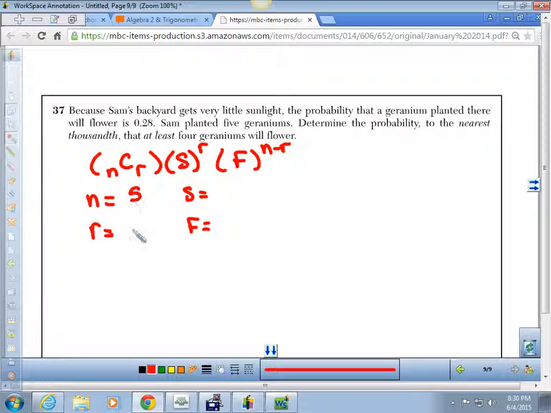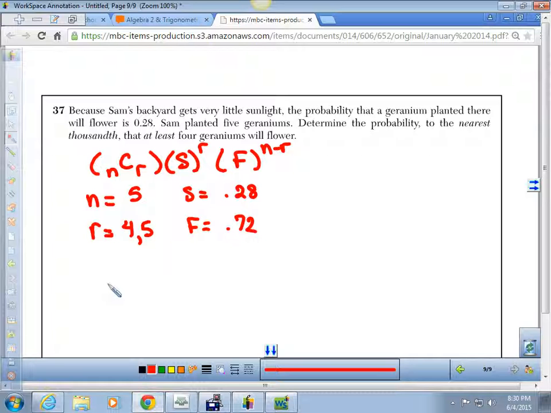5. We want at least, so that means 4 down to 0 or 4 up to 5? 4 up to 5. What is the probability that it will flower? 0.28. So what is the probability that it will not flower? 0.72. Now do you have a strong point? Yes. Okay, your other points now come in knowing that you've got to do this twice and add them together.